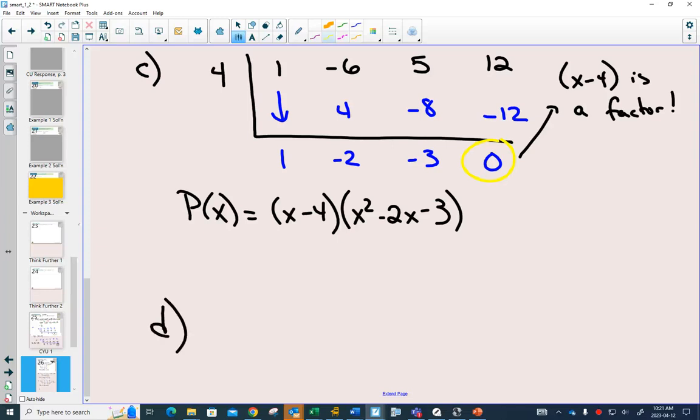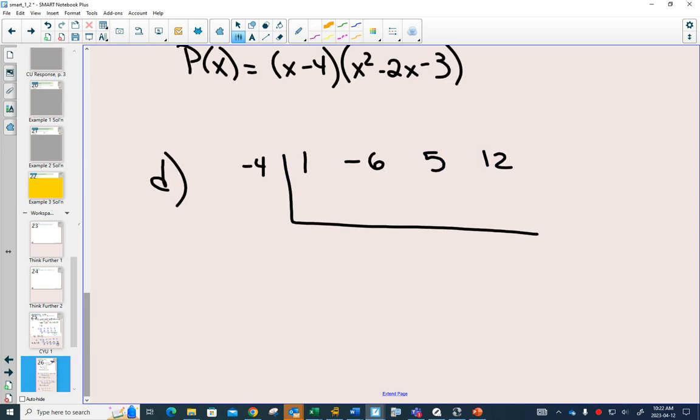Then in part D, we're doing the same thing. This time we're dividing by x plus 4, so there'd be a minus 4 out front. Bring the 1 down, multiply, add, multiply, add.